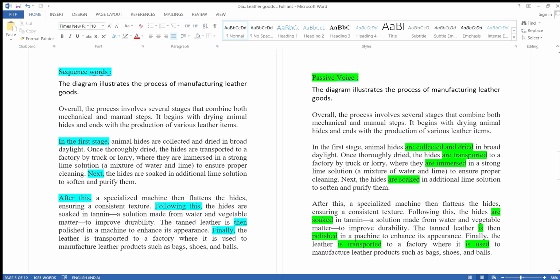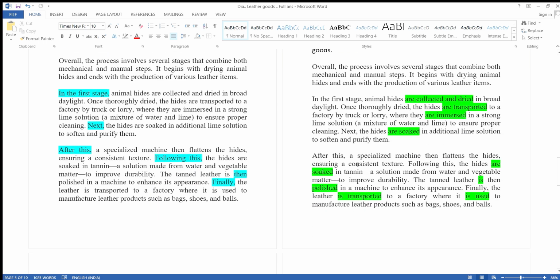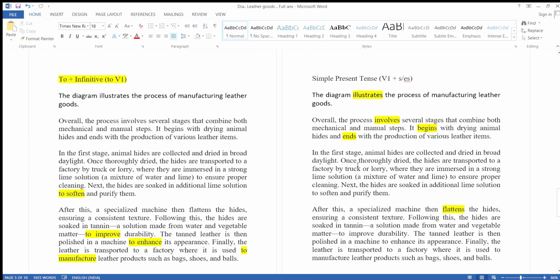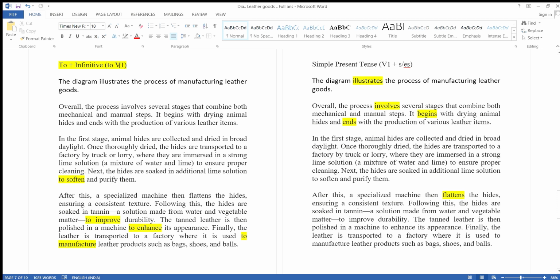Then it is transported and is used. Similarly, it is to plus infinitive type of sentences which are again very helpful towards our good score, which is to plus V1 form of writing. It is to soften, to improve, to enhance, to manufacture.